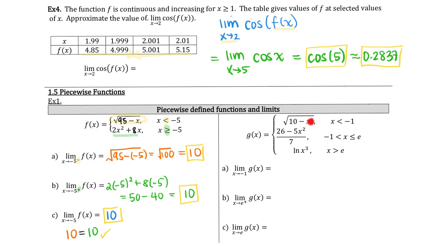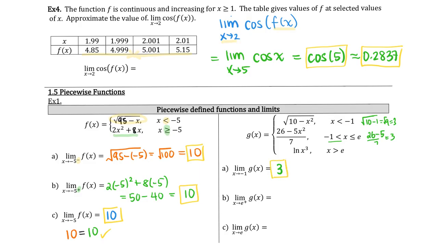If I plug in negative 1 from the left side, I get the square root of 10 minus negative 1 squared, which is the square root of 9, which is 3. Now if I check the next piece of the graph and plug in negative 1, I get 26 minus 5 times 1 over 7, which is 21 over 7, which is also 3. So since they match, the answer is going to be 3.